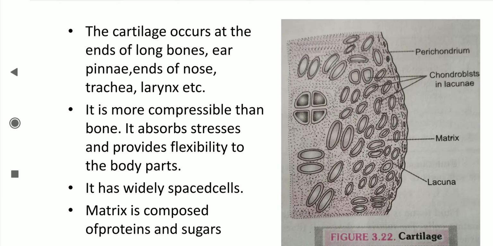This tissue occurs in very few parts of the body. In humans, the cartilage occurs at the ends of long bones, the pinnae of the ears, the tip of the nose, and the walls of the respiratory duct, which we also call the trachea. It is also there in the intervertebral discs between two vertebrae.